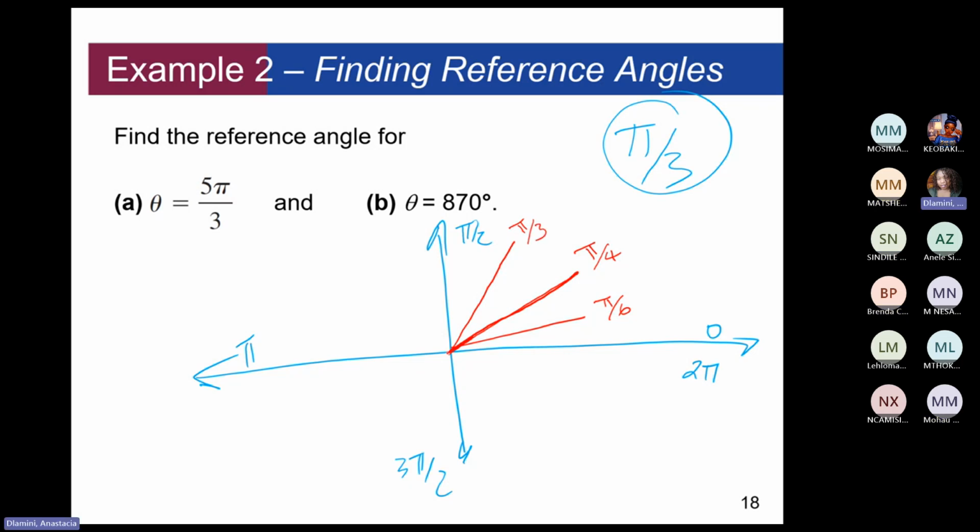So remember, I said when you come here, you pretend as if this is a 0. So this one will be pi over 6, this one pi over 4, and this is also pi over 3.